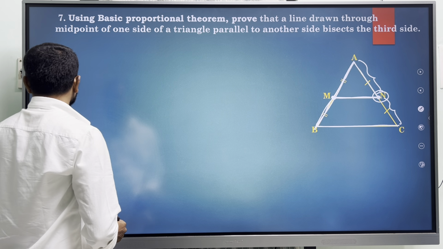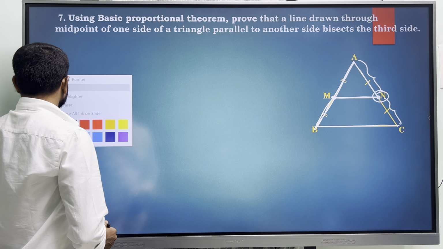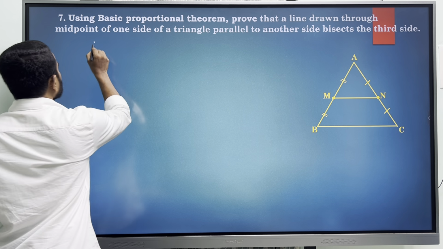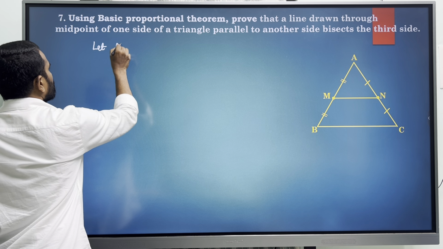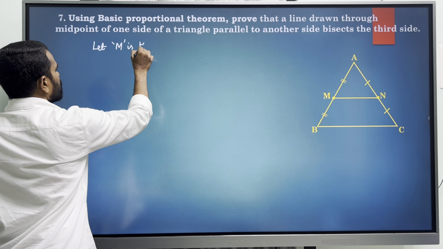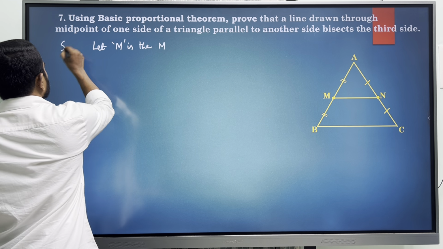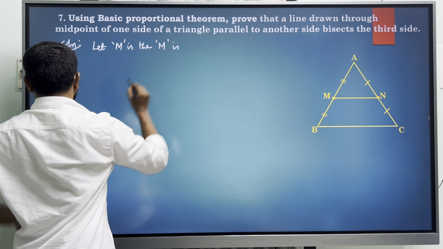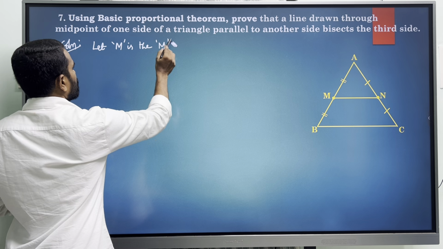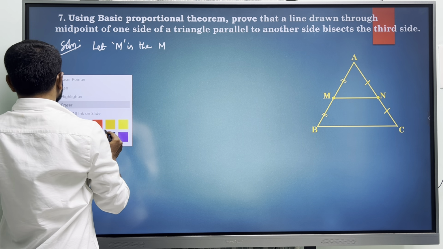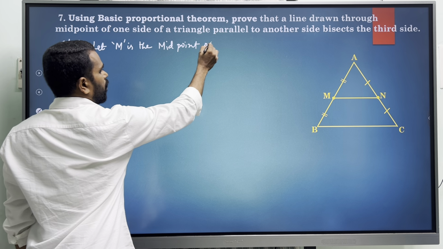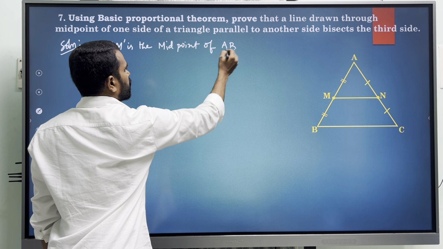Let us understand this. Let M be the midpoint of AB.